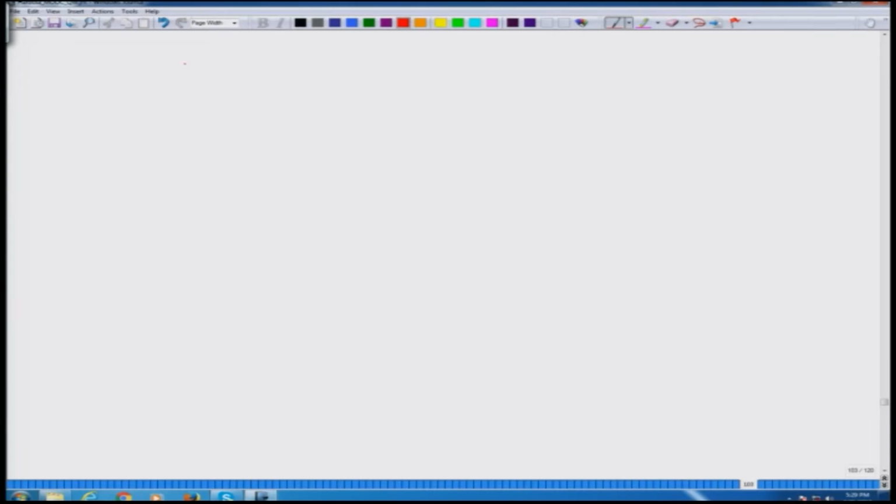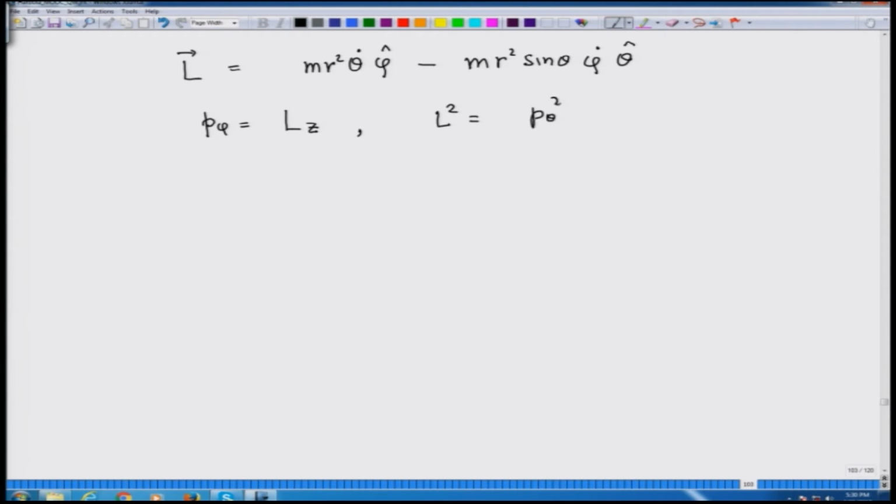So, starting from the expression L is equal to m r squared theta dot phi minus m r squared sin theta phi dot theta, I am now going to show you that p phi is equal to nothing but the z component of L, and L squared is nothing but p theta squared plus p phi squared over sin squared theta. So, let us do that.